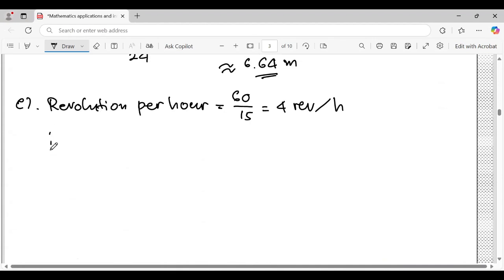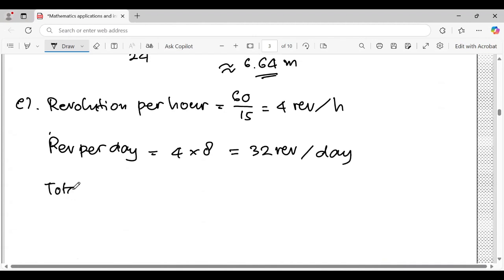And then the revolutions per day equal 4 times 8. The Ferris wheel operates 8 hours each day, so 4 times 8 is 32 revolutions per day.